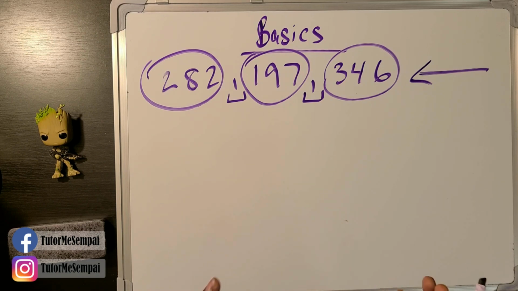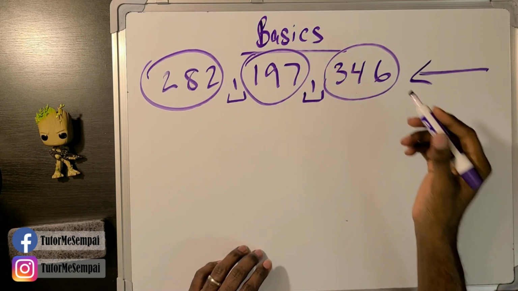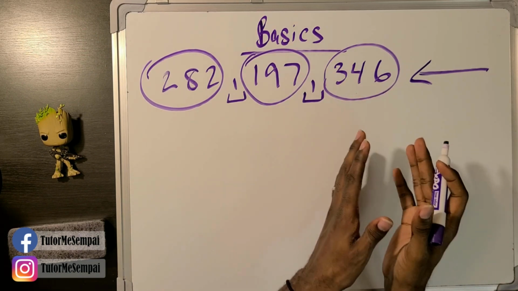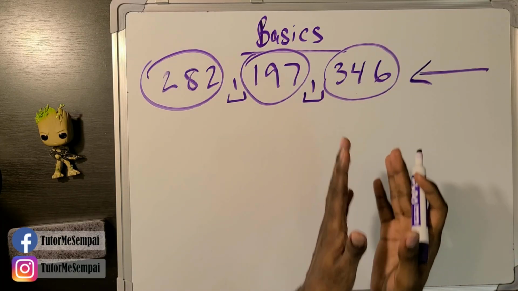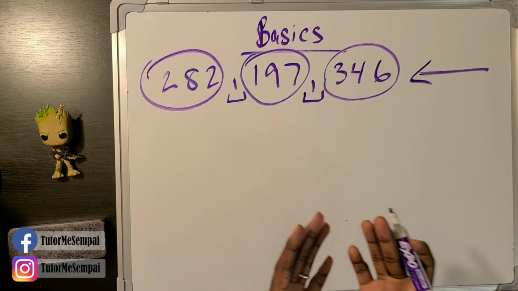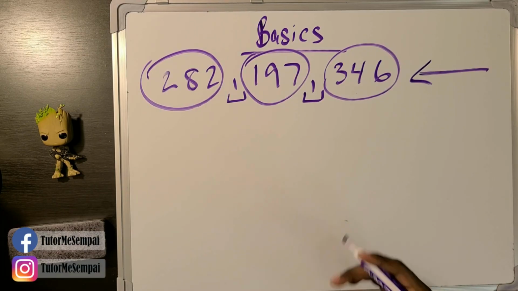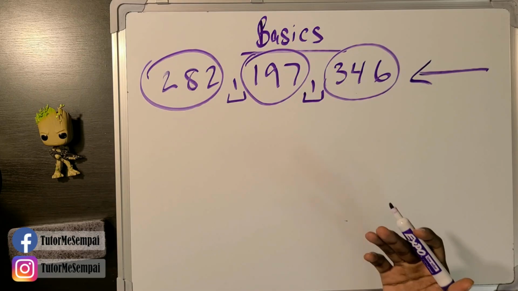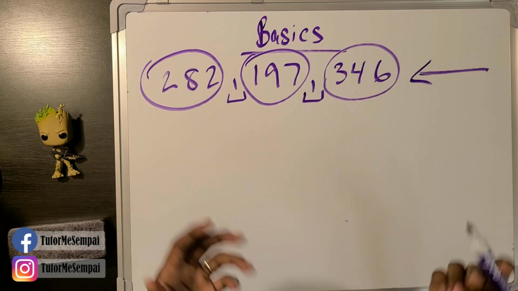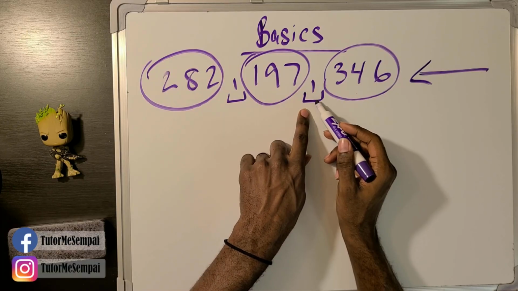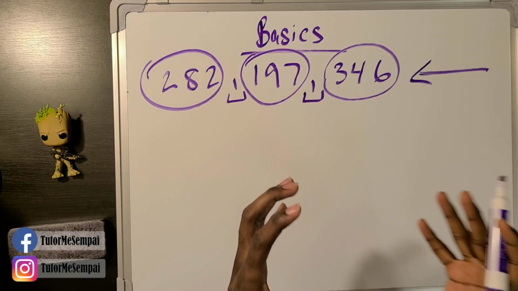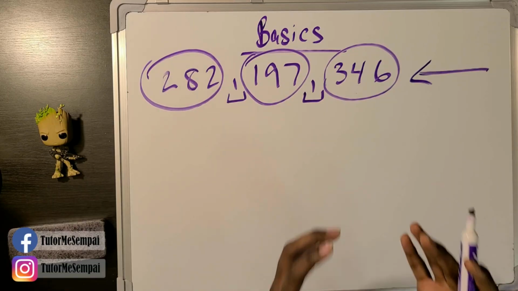That's very important. Every time you're going to have a set of numbers, it's only going to be a maximum of 3. Now, you can have less than 3. You can have 1, you can have 2, or you can have 3. But notice, every time you're going to get that 4th number, you're going to be adding a comma here. So you're only going to have a maximum group of 3 numbers.